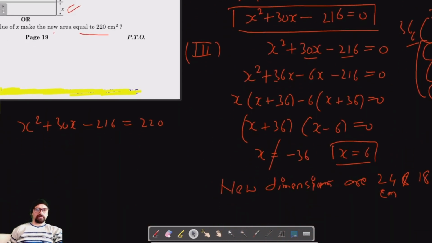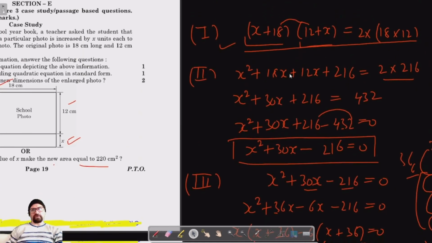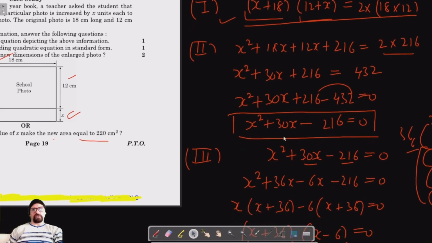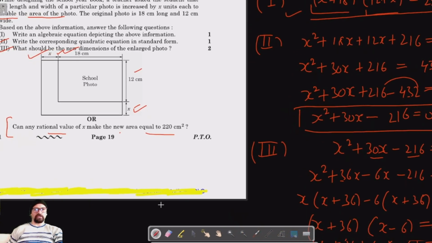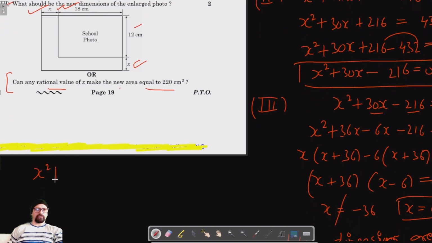Actually, it's given that this was our new area, and can it be 220? So that means, can x squared plus 30x plus 216 be equal to 220?